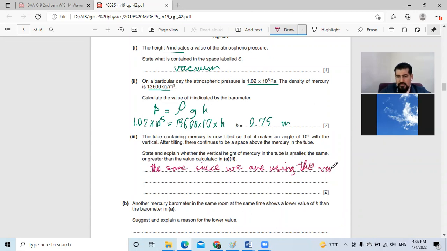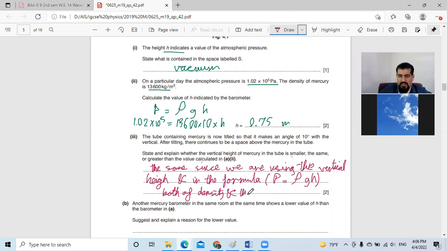In the formula, pressure equals density times gravity times height, both density and gravity are the same, and the atmospheric pressure is the same.